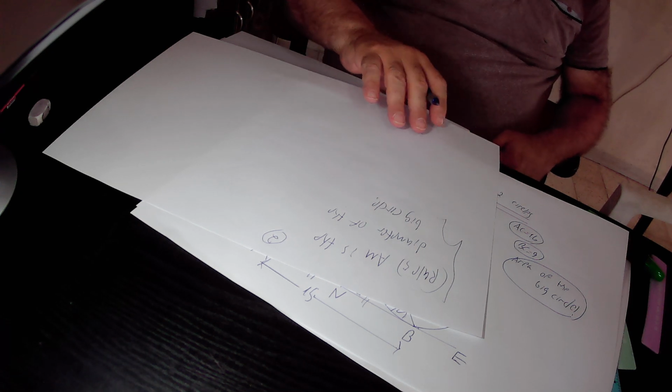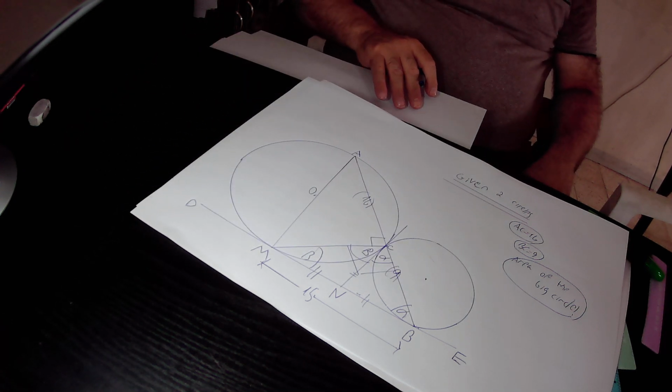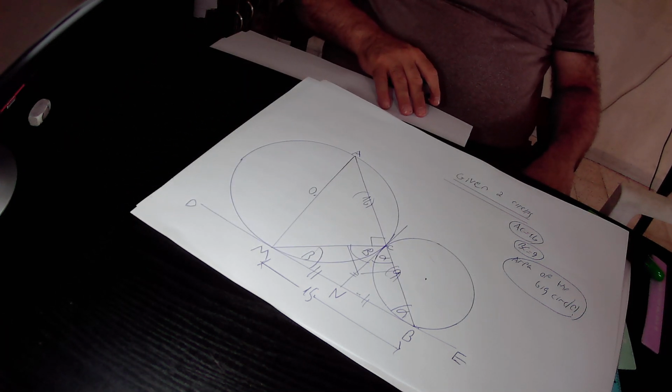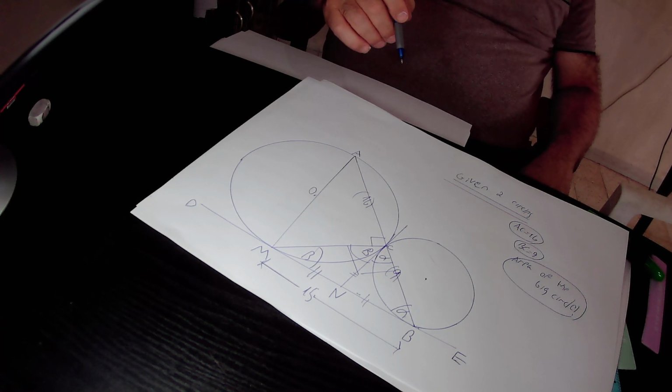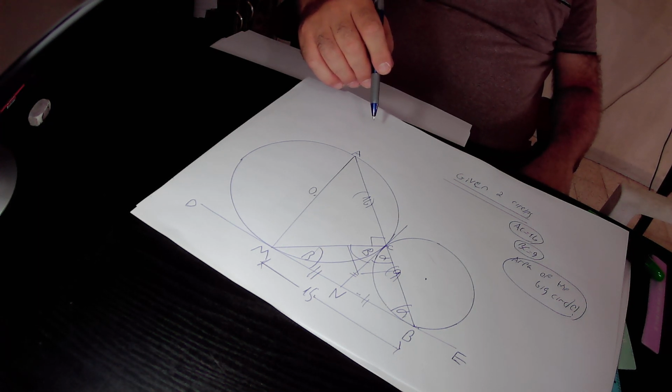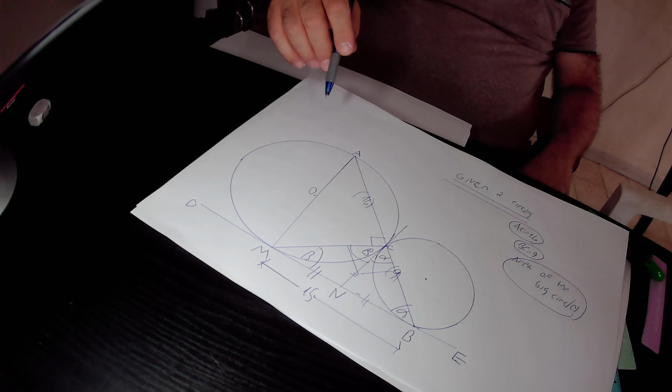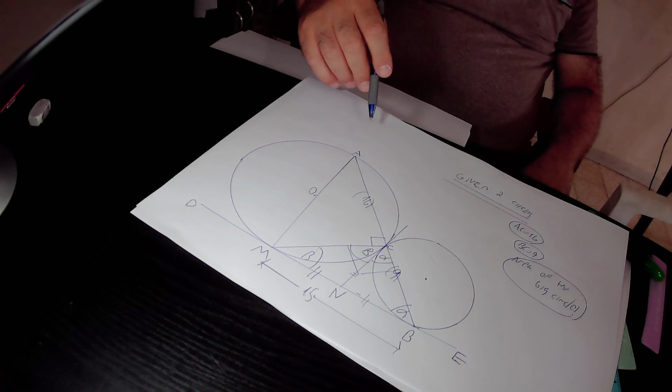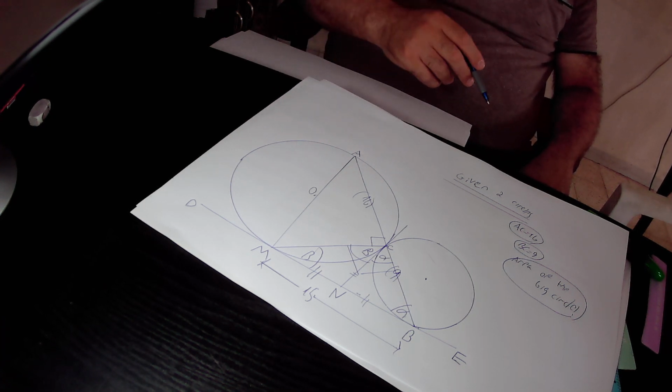But we also know that the center of any circle must be located on the diameter of the circle. And therefore, the center of this big circle must be located on segment AM, that is the diameter of the circle.